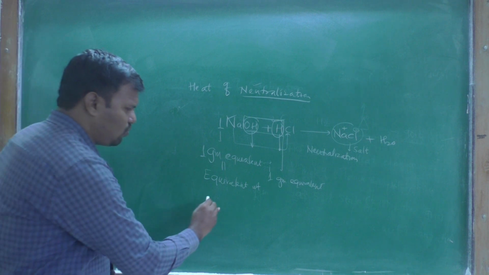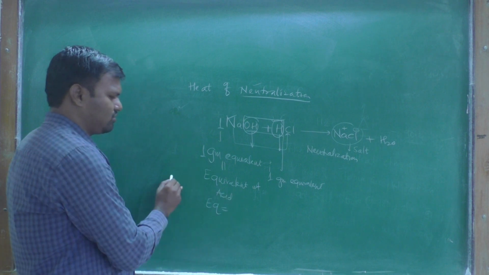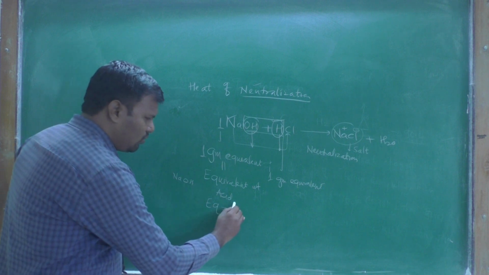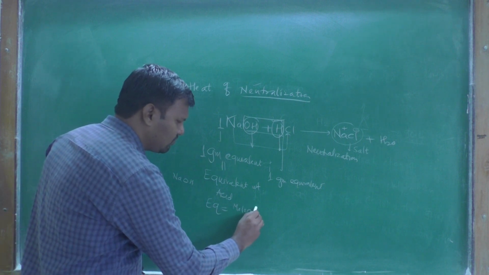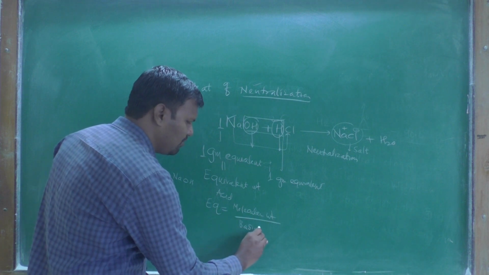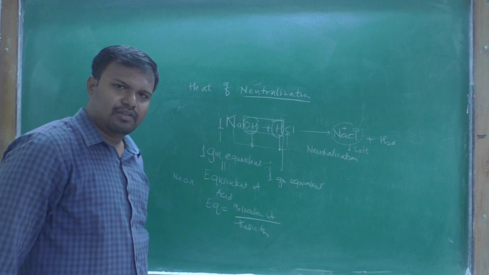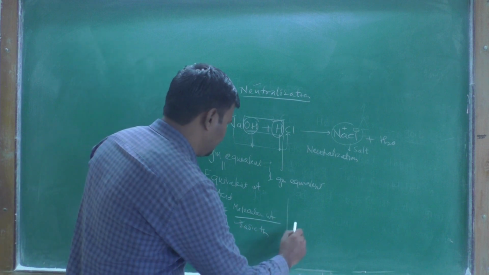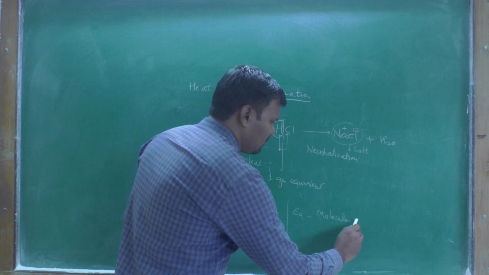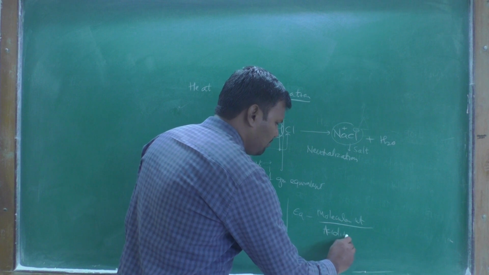The formula is equivalent weight for acid. Equivalent weight is equal to molecular weight upon its basicity. If acid is there, you remember that at the bottom there should be the basicity, molecular weight upon basicity for the acid, and for the base, equivalent weight is equal to molecular weight upon its acidity.